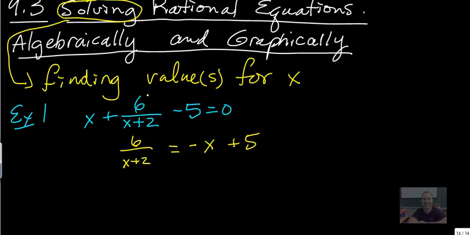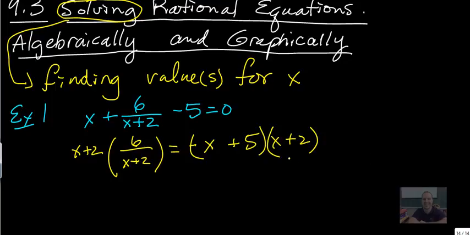But what we want to do now is get rid of the x plus 2, which is being divided. It's 6 divided by x plus 2, so it's a division. The opposite operation would be multiplication, right? And we do that to both sides, of course. What we get is 6 alone over here because that factor divides with that factor.